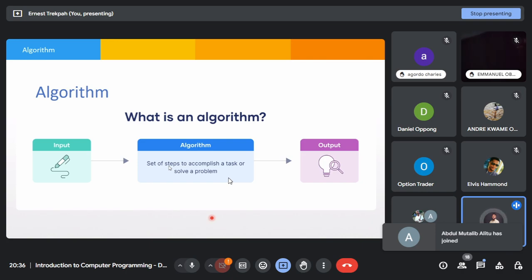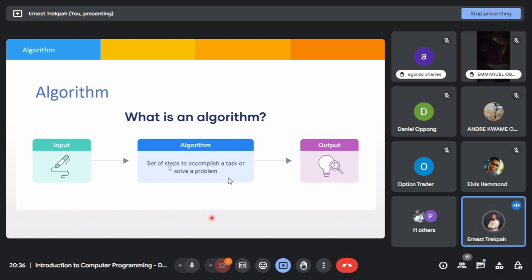So when you ask someone to tell you how they are going to get the result for adding two numbers, maybe 2 and then 2, how they are going to come up with the answer 4, the steps they are going to go through are basically an algorithm. So let's say you have 2 on the left side, the operand, and then another 2, then you bring your equal sign and then you give the result. All those steps I've just highlighted are some sort of algorithm.